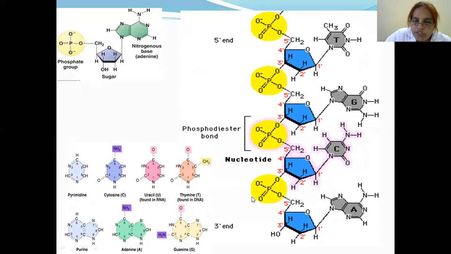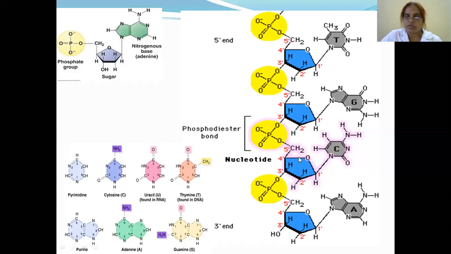These phosphodiester bridges are formed between the 5' of one nucleotide and the 3' of another nucleotide. See here, there is one nucleotide at the 5' and another nucleotide at the 3'.